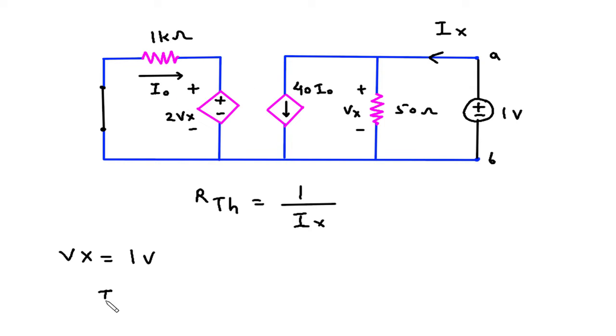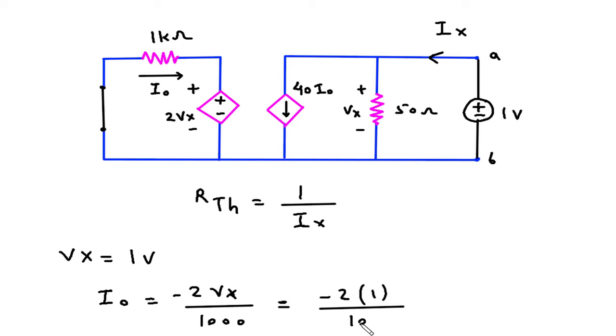IO is equal to this voltage, which is 2Vx, divided by 1000, and it will be minus 2Vx because the polarity is opposite to the current IO. So minus 2 into 1 divided by 1000, which is minus 2 into 10 raised to minus 3 ampere.